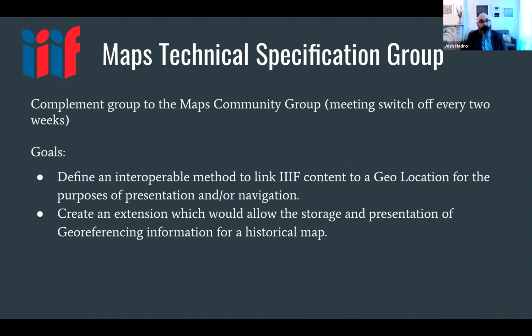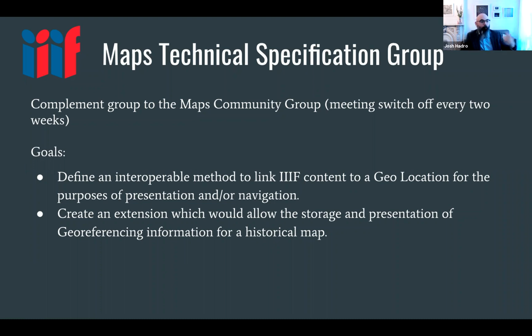So their goals are to define an interoperable method of linking IIIF content to a specific geolocation for the purposes of presentation and/or navigation. In some ways, you can think of that as using annotations in a geospatial context to link IIIF material.